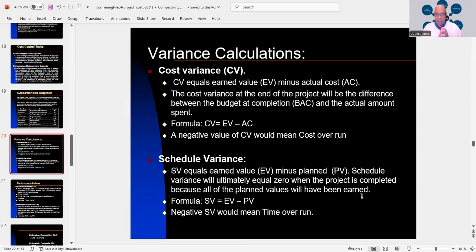So SV equals EV minus PV. Again, the schedule variance will ultimately equal zero because all of the planned values would have been earned. Again, when you have a negative schedule variance, that also means time overrun.